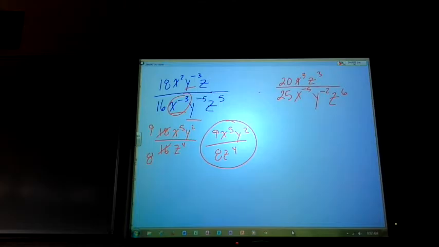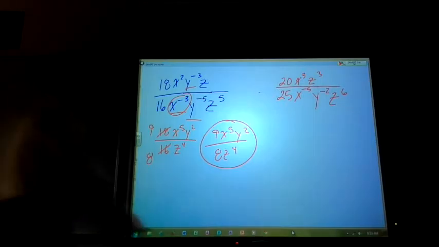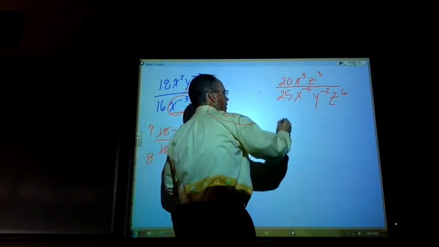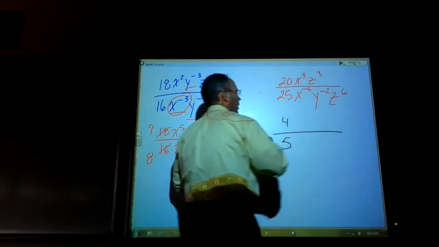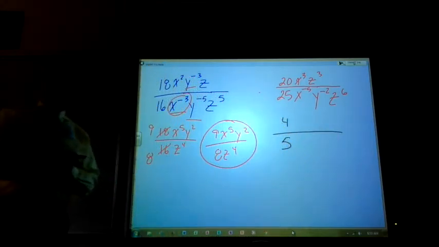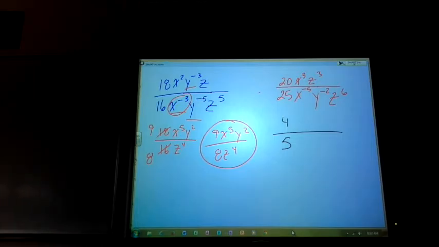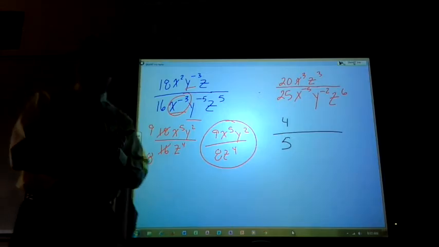All right, so does the 20 over 25 reduce? And if so, what does it reduce to? 4 over 5. I like it. Okay, what do we know about the x's? Talk to me. Yeah, so what is it on top or bottom?